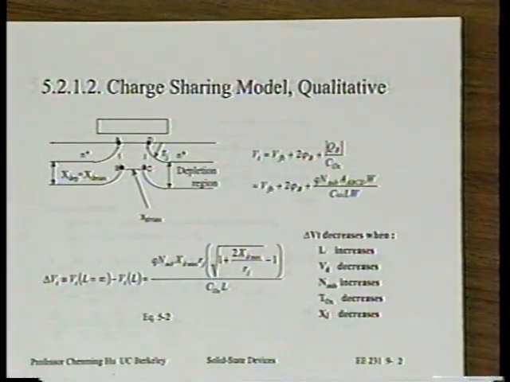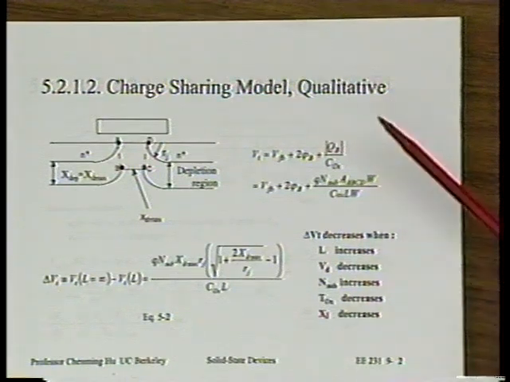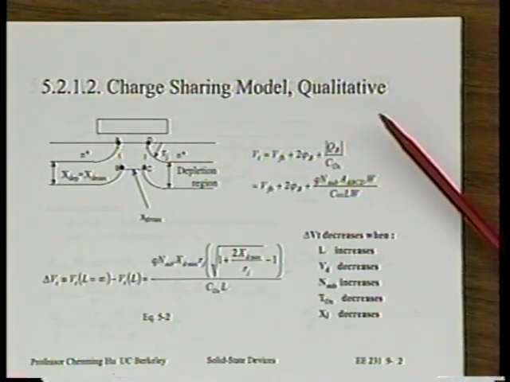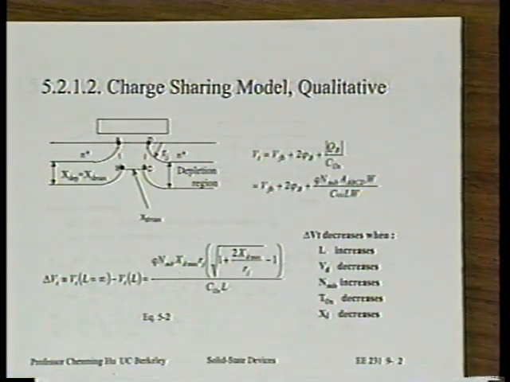But it's not a useful quantitative model. Most people don't use this as a quantitative model anymore. So I only have one slide to talk about this. Then I'll tell you the other models for thinking about this: VT roll-off and the DIBL effect, which are more quantitative.